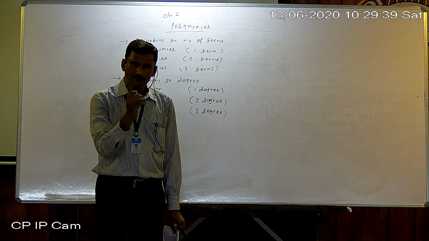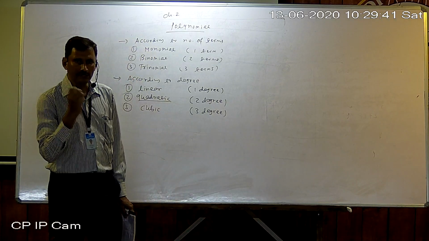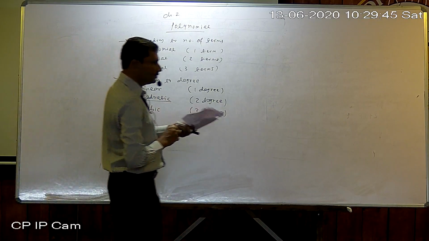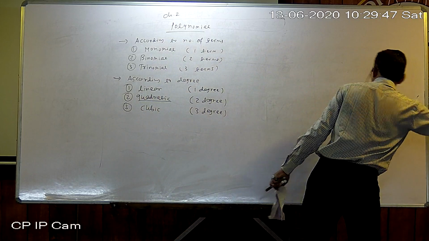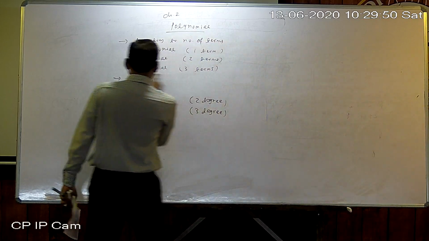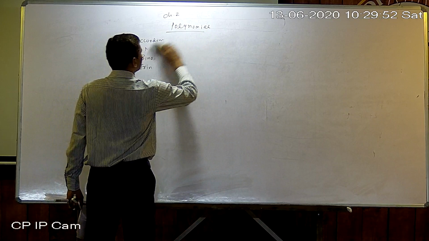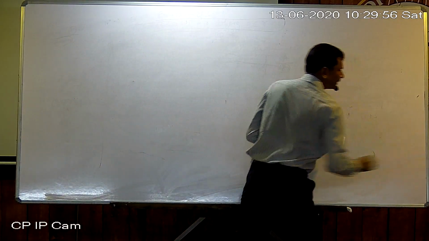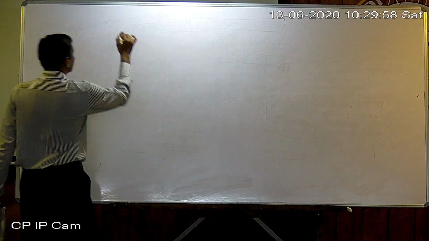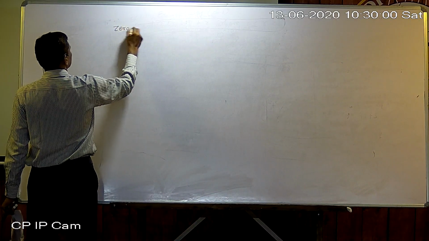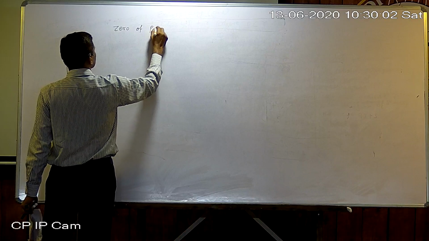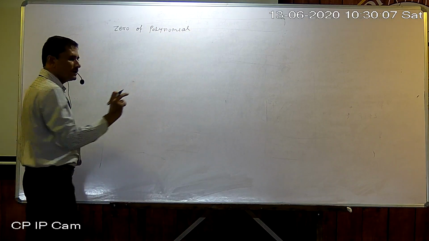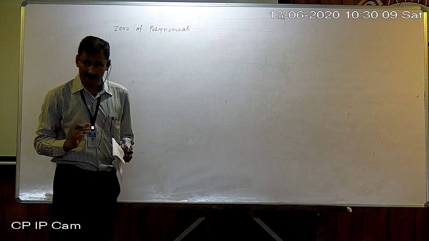Now another term, a main keyword in the lesson: zero of a polynomial. What is the meaning of zero of a polynomial? You have to be clear about that in your mind. Zero of a polynomial does not mean a zero whose value is zero.